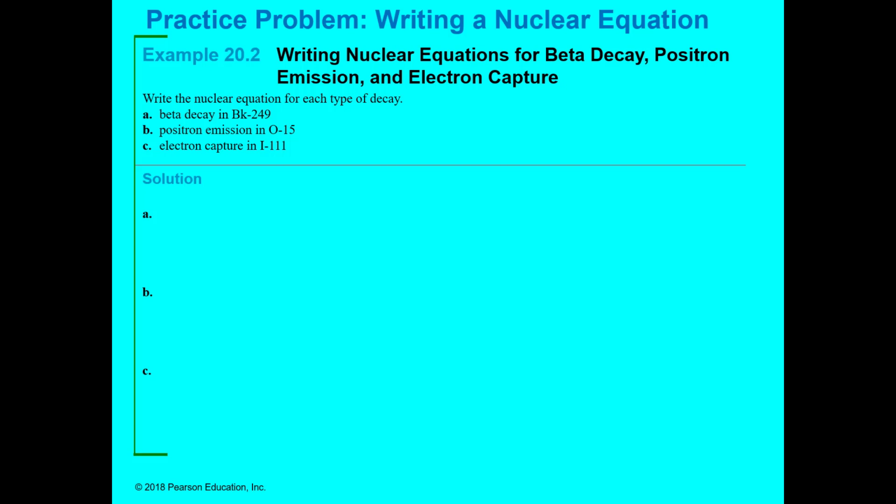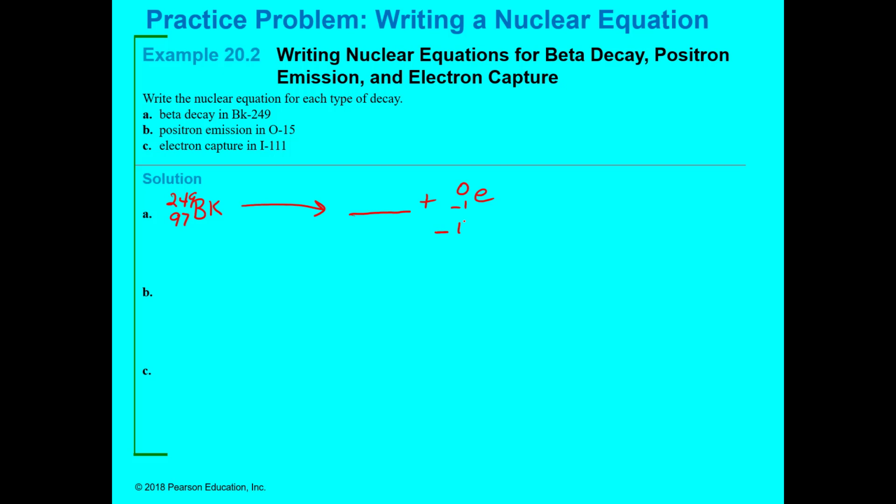Write the nuclear equation for the beta decay of Bk-249. So I'm going to have to look up and see what that is, and that is 97 atomic number. And then that is going to go to, and this is a product because it's decay, a beta particle, which is going to be an electron, basically. It has no mass, it has a charge of -1. So now this is a -1.